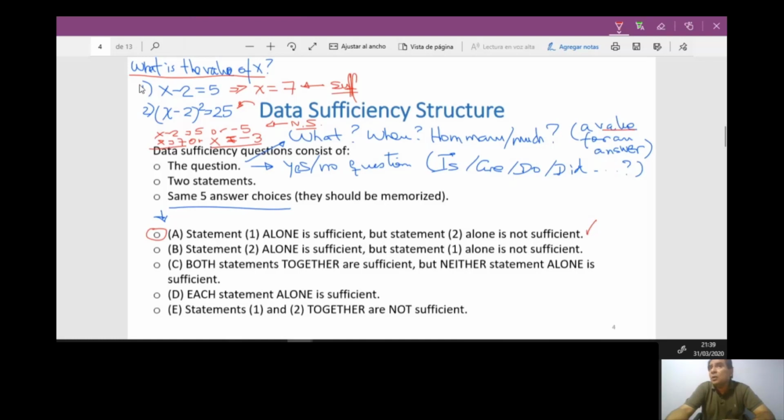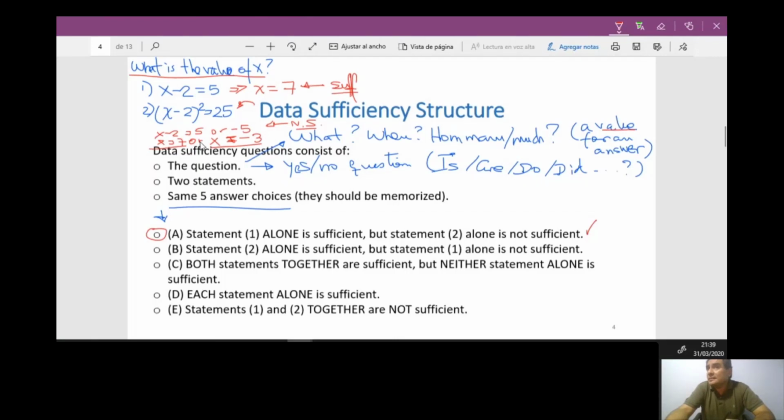What will happen if the order of the statements were first x minus 2 up to 2 equal 25 and the second x minus 2 equals 5? Well, obviously, the first statement then would be not sufficient and the second would be sufficient.